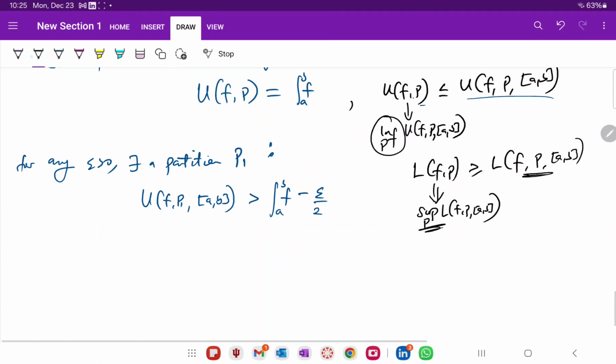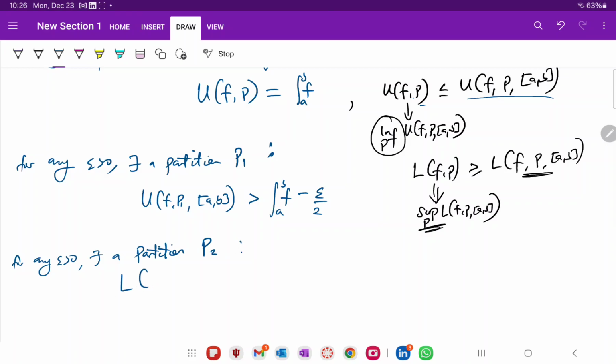So similarly, for any epsilon greater than 0, there exists a partition P2 such that the lower Riemann sum over P2 on [a, b] is less than the integral of f.